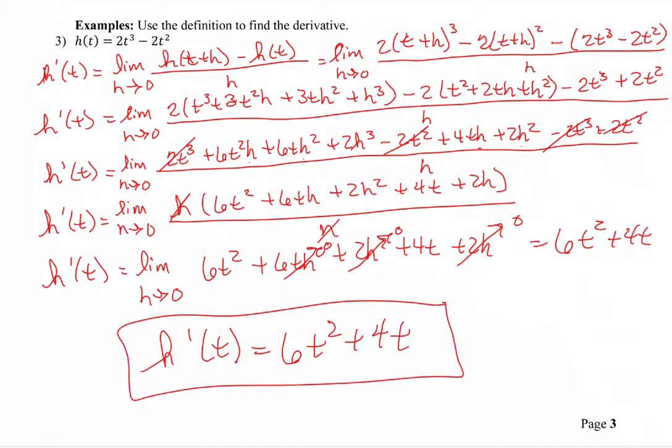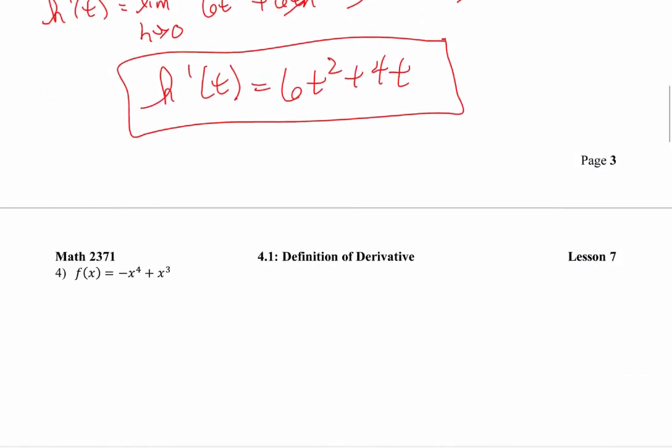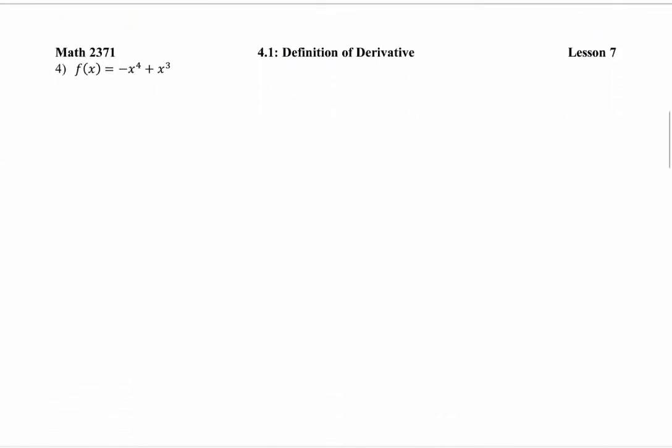All right? So now let's look at this one. So f prime of x equals the limit as h goes to 0 of f of x plus h minus f of x, all over h.